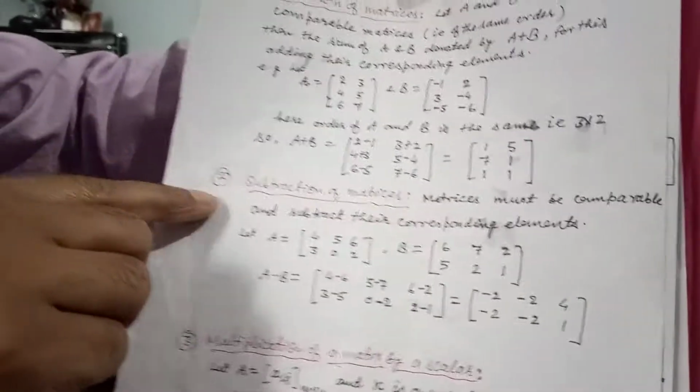Similarly, number 2, the subtraction of the matrices. The matrices must also be comparable. Like the addition of two matrices, you can subtract the corresponding elements of the given two matrices, and then we find the difference of the two matrices.